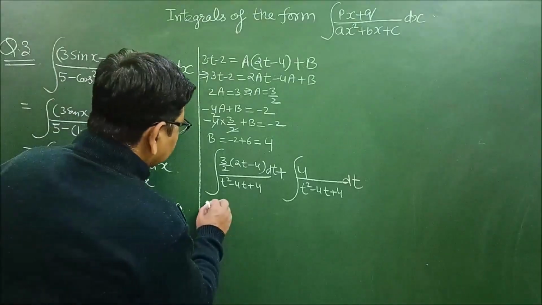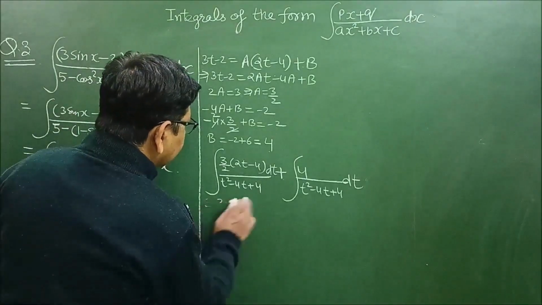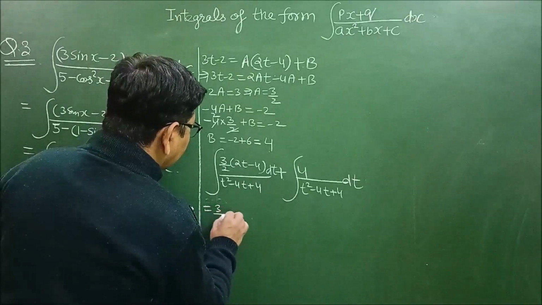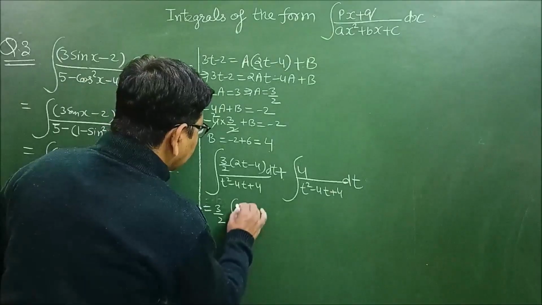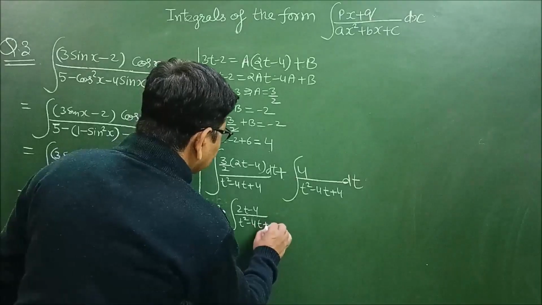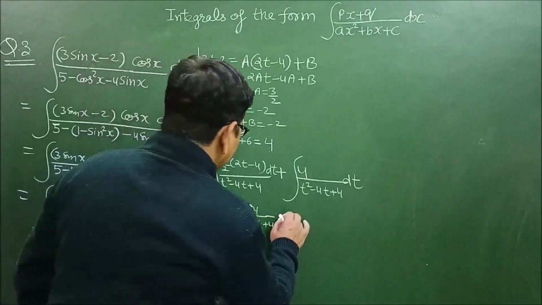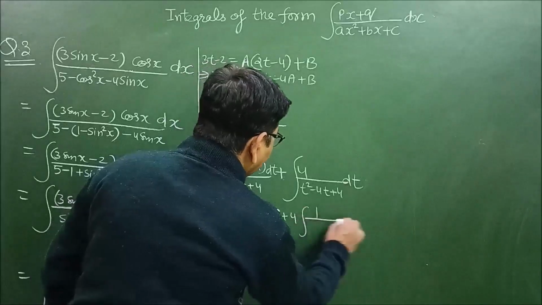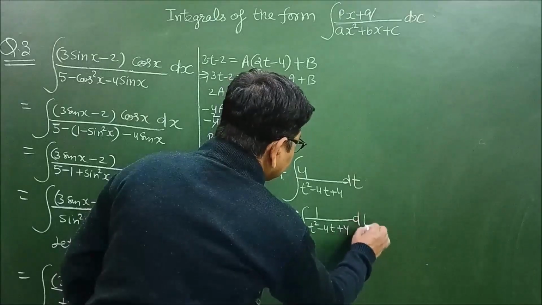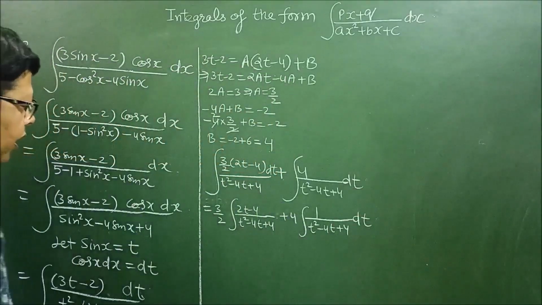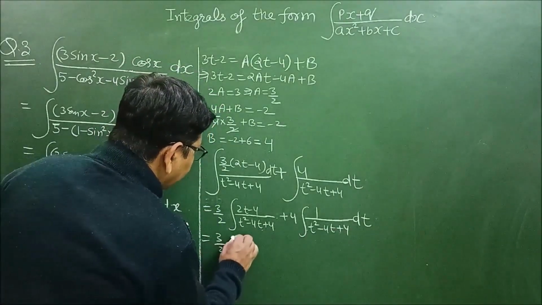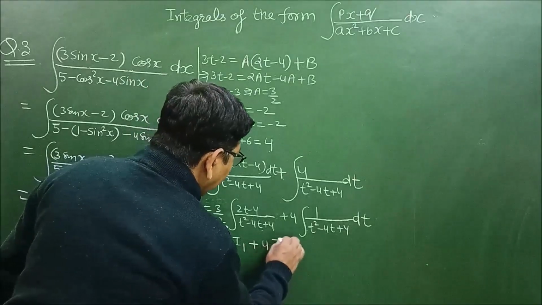So this is equal to 3 upon 2 into the integral of 2t minus 4 upon t square minus 4t plus 4, plus 4 into the integral of 1 upon t square minus 4t plus 4 dt. Now let this integral be I1 and this be I2. So we can write this is equal to 3 upon 2 I1 plus 4 I2.